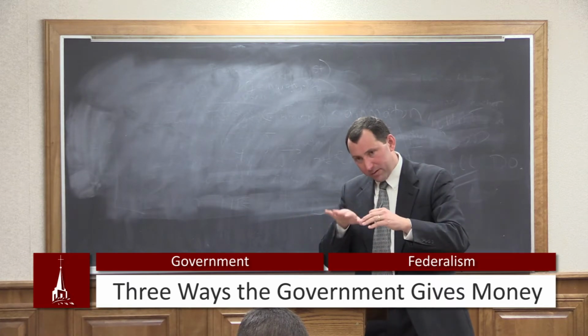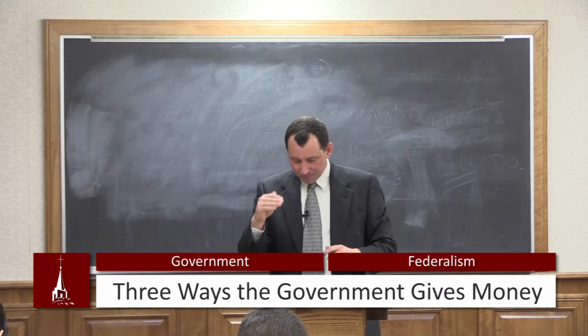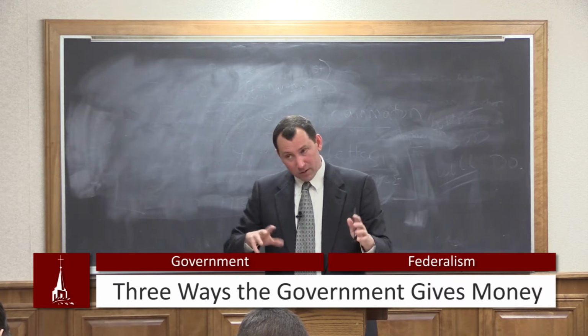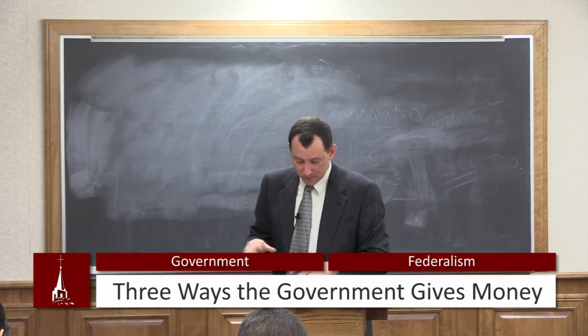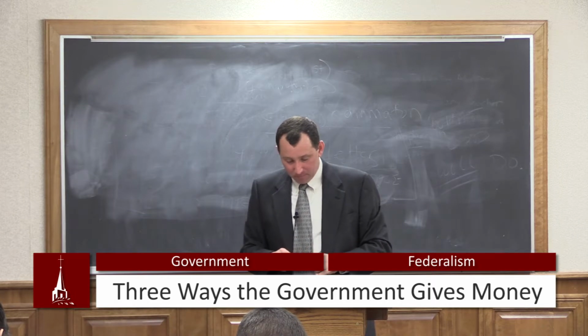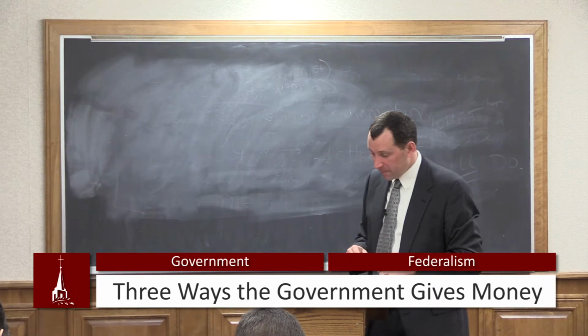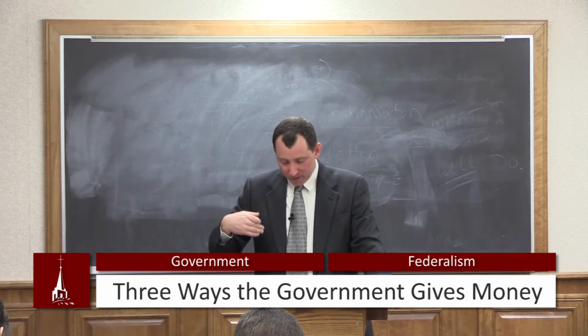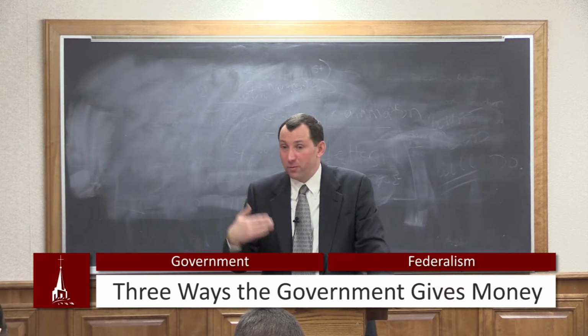Underneath this categorical grant, there's kind of two types of these categorical grants. The first one is a formula grant. This is where the amount of money is determined by some kind of formula.